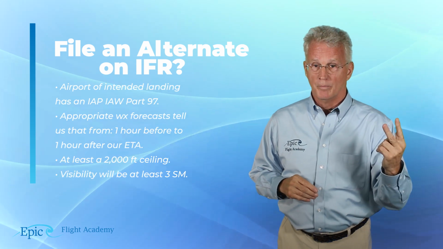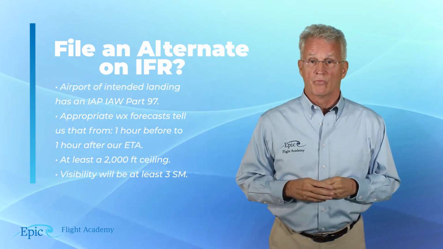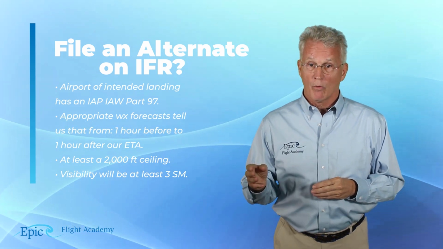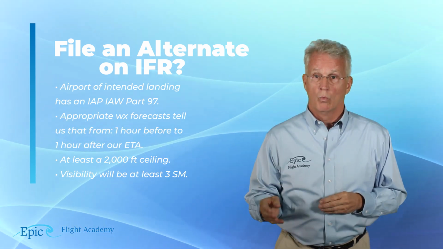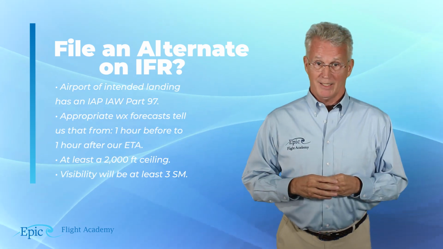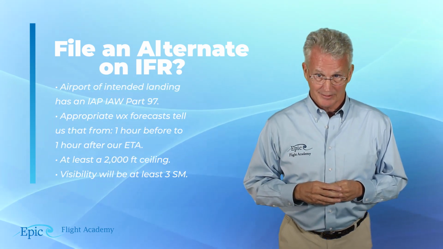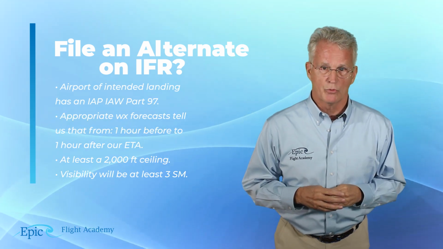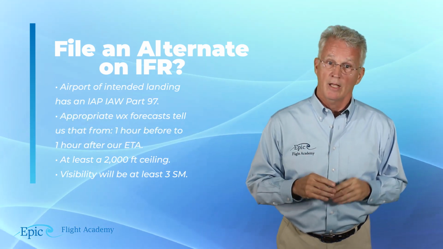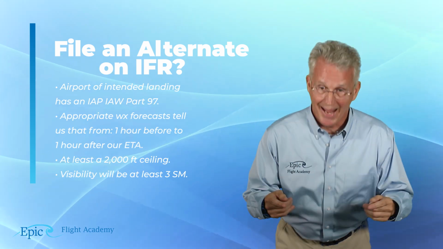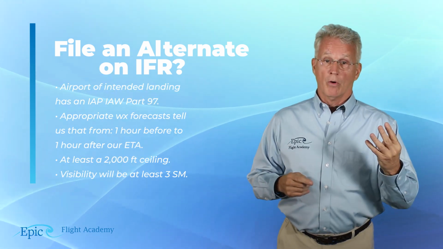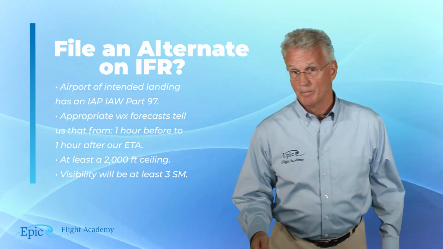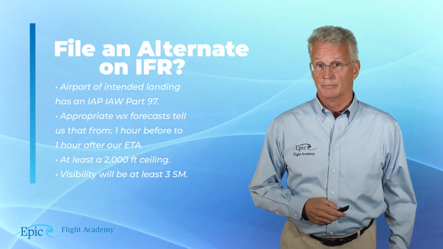Number 2, appropriate weather forecasts that tell us from 1 hour before to 1 hour after our ETA that, number 3, we have at least a 2,000-foot ceiling and, not or, number 4, the visibility will be at least 3 statute miles.